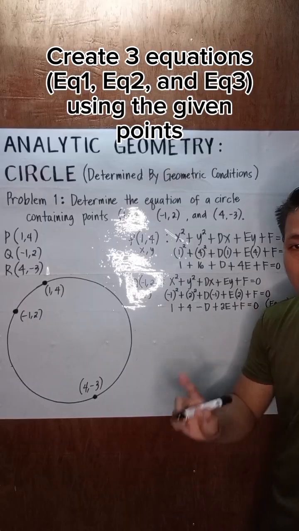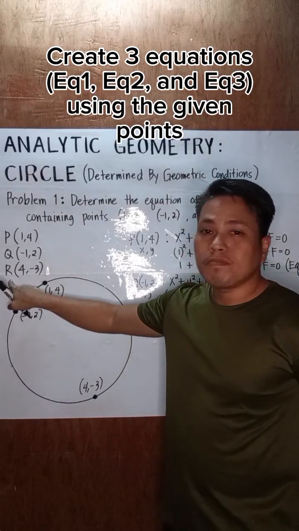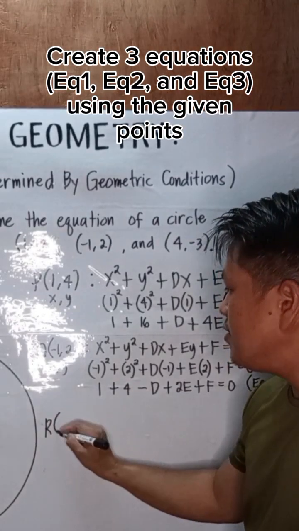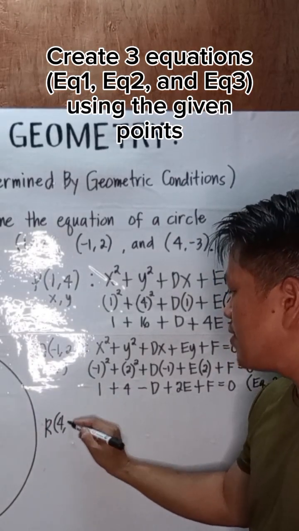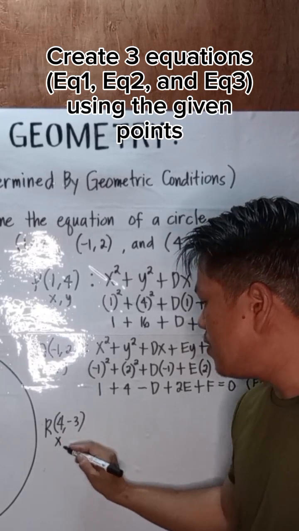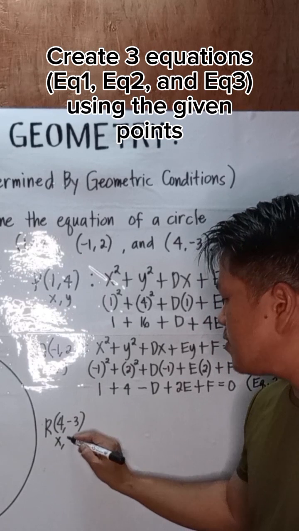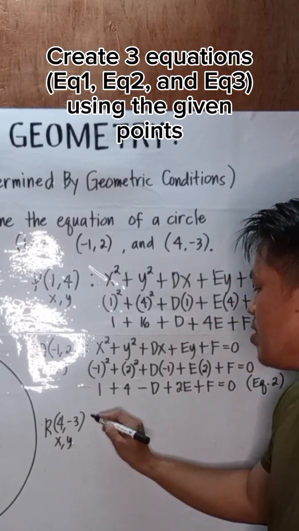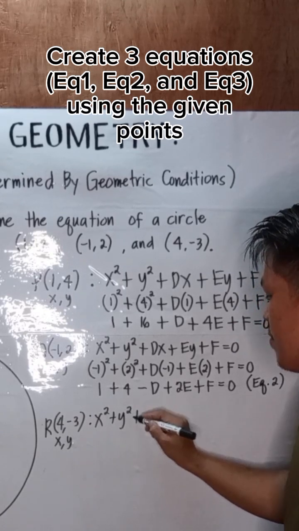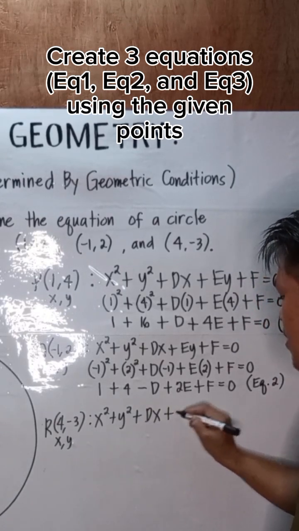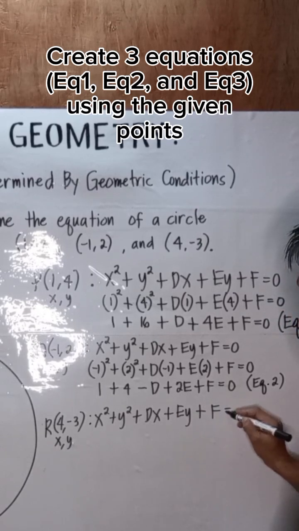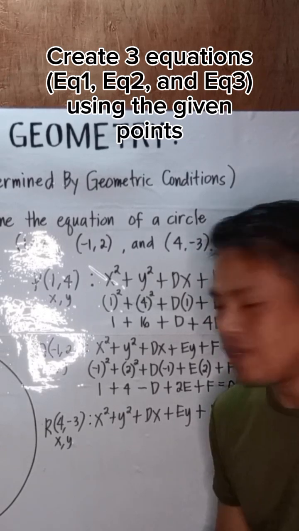Yan. Then, lastly, yung equation para sa R. Ang R natin is (4, -3). Ang value ng x ay 4. Then, ang value ng y is negative 3. Then, sulat ulit natin ang general equation ng circle, plus ey plus f is equal to 0.